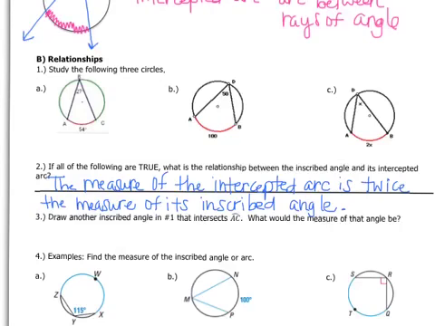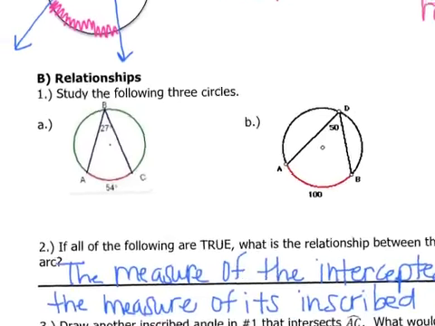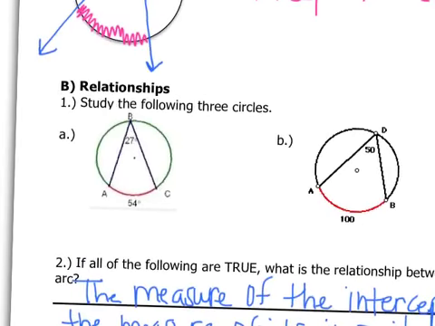Number 3 says for us to draw another inscribed angle up here in number 1 that intersects the same arc AC. So our endpoints of the angle are still going to be A and C, but the vertex of our angle is going to be on another part of the circle.